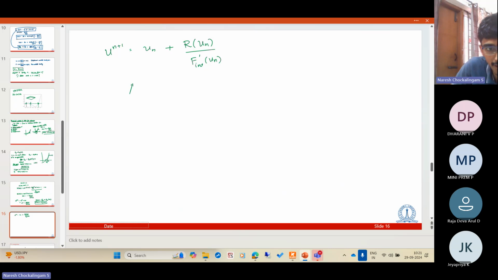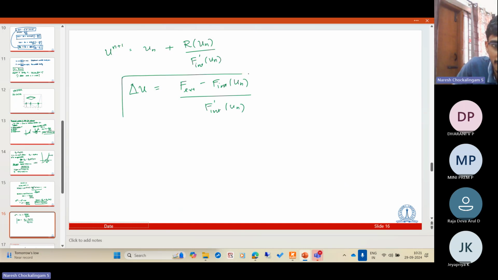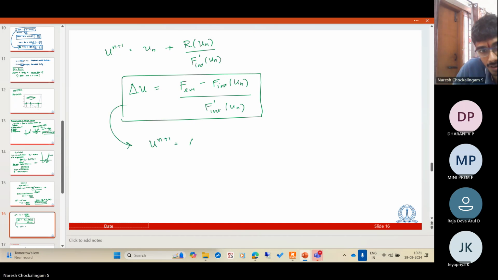So we can say delta u is equal to f external minus f internal of un divided by f dash of un. So this is the update you have to give to the displacement u. After finding this, you update un plus 1 is equal to un plus delta u.